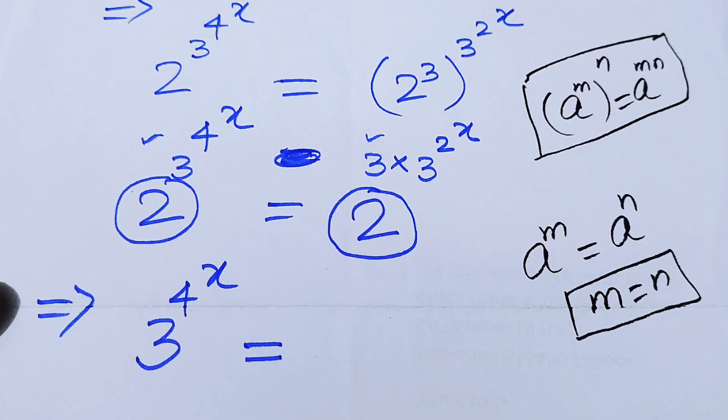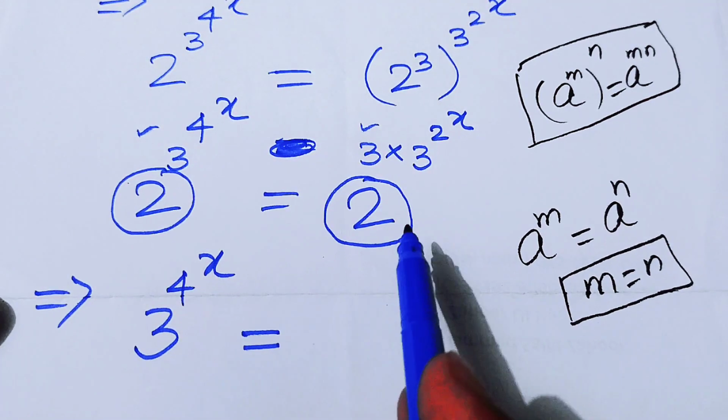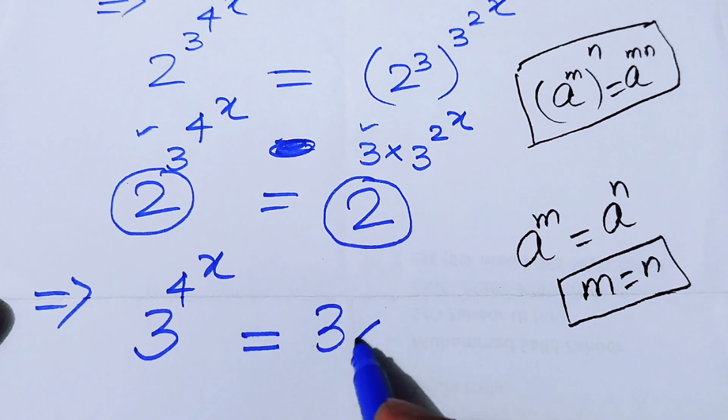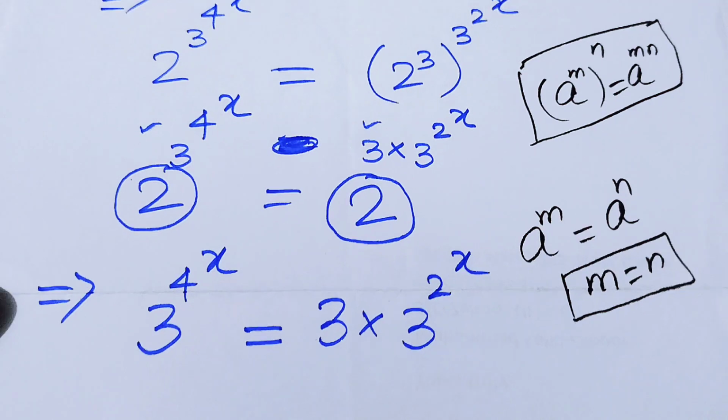So according to this law, the exponent of the left hand side is 3 to the power 4 to the power of x, and the exponent of the right hand side is 3 times 3 to the power of 2 to the power of x.